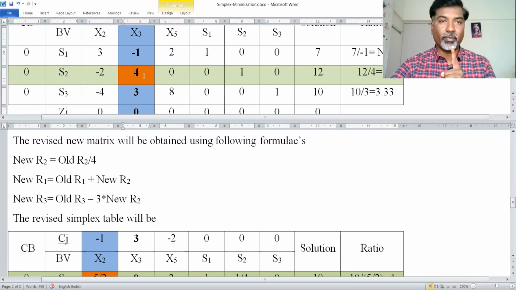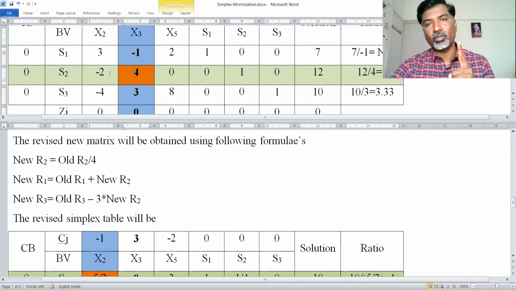So if I want to make this cell value 1, why am I taking this value? Because this is my key cell. We have to start from the key cell value and the key cell value should be 1. So if you want to make this value 1, we have to divide it by 4. That's why you have to do the same operation for all values from that particular row.